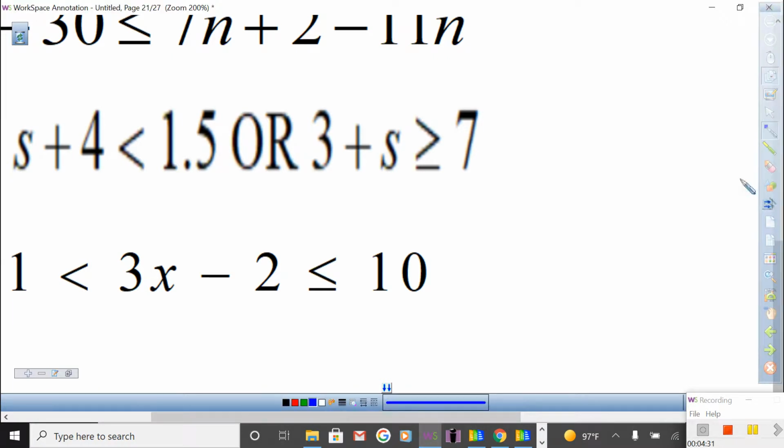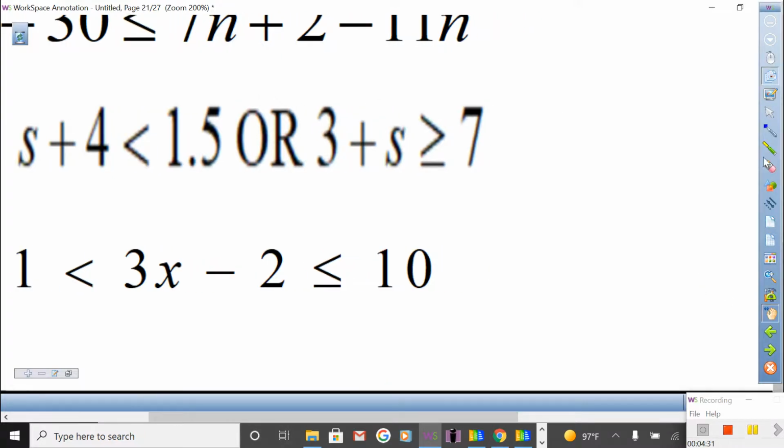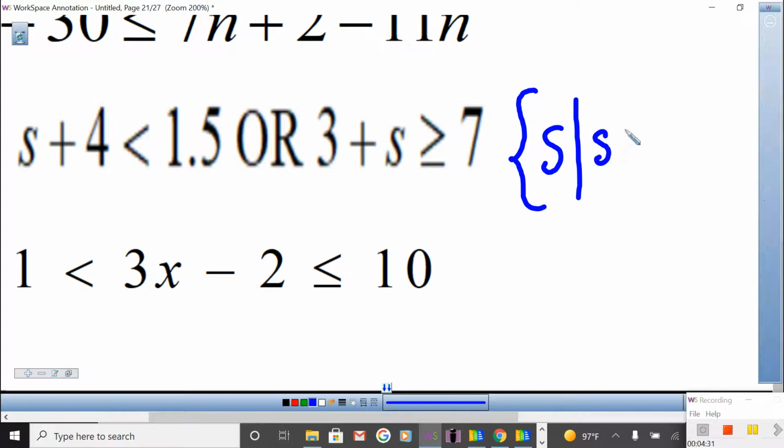All right, let's see. Numbers 4 and 5. I'm going to start with number 4. What did you get for number 4? Raymond, what is your solution set for number 4? What did you get? Solution set as such that, what else?